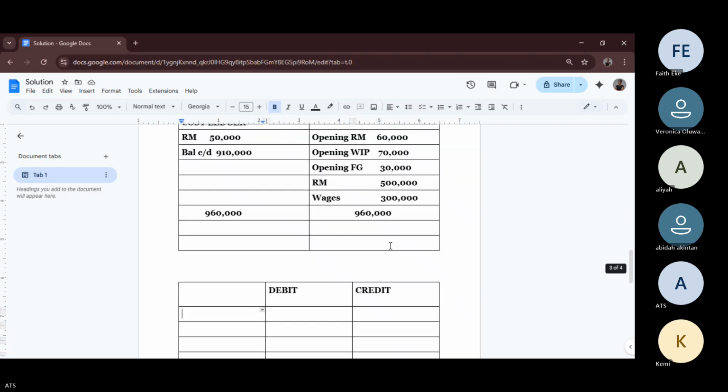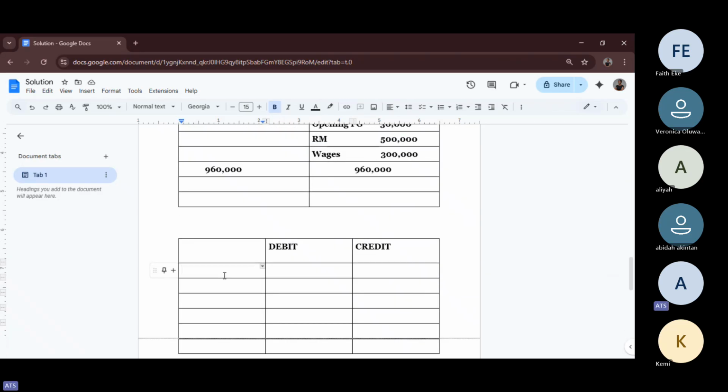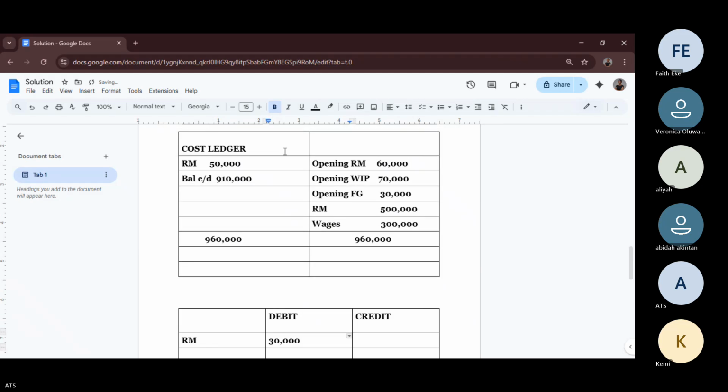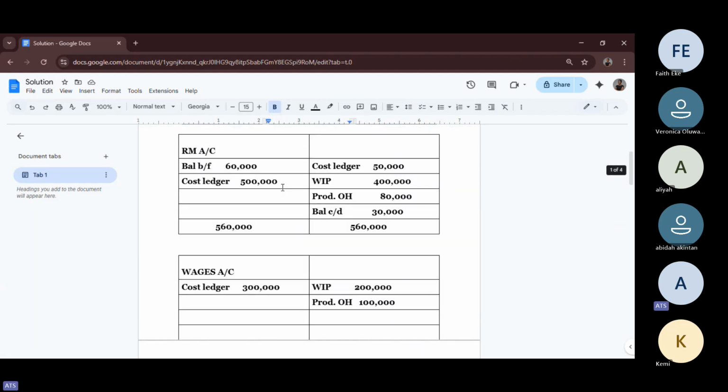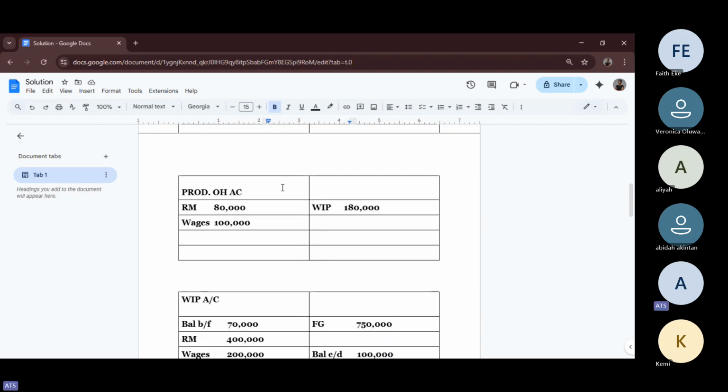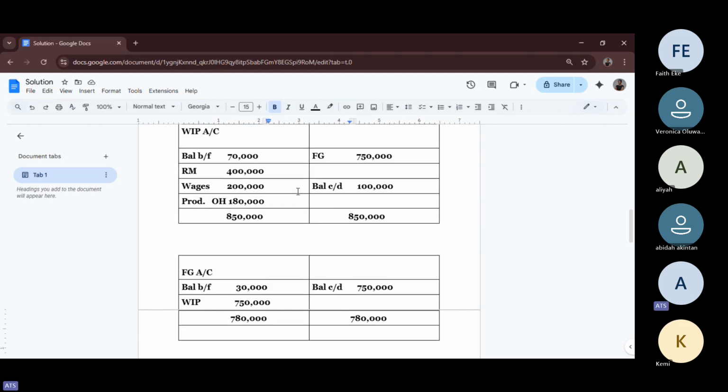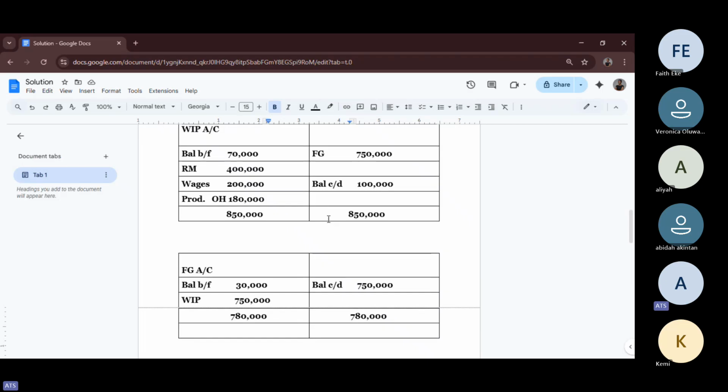So bring it here. 30,000. Then which other one had a closing balance? Wages, no. Production, no. Work in progress, yes, 100,000.